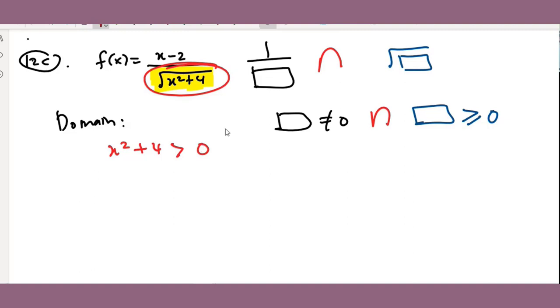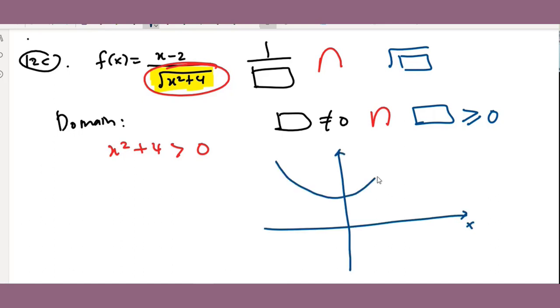So this one is included 0, not included. So the intersection is more than 0. And here, x squared plus 4 cannot be factorized, or if you sketch the graph it is above the x-axis, a smiling graph.